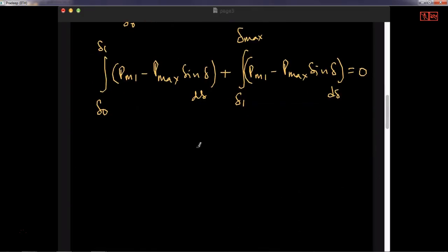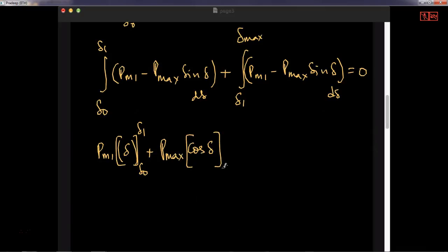So let's actually do the integration. When you integrate, what is the integration of this term? This is Pm1 into delta. What is the integration of this term? The integration of sine is minus cos, so this minus sign will go, and it will become plus P max cos delta.